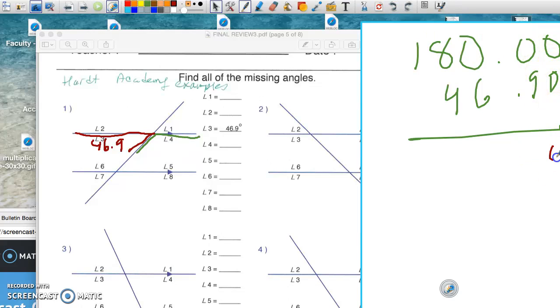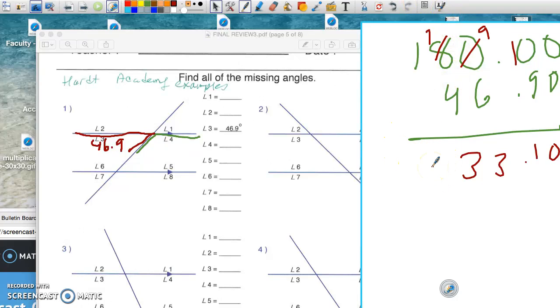Okay, 0 minus 0 is 0. I'm going to borrow. 10 minus 9 is 1. 9 minus 6 is 3. 7 minus 4 is 3. Okay, and voila.